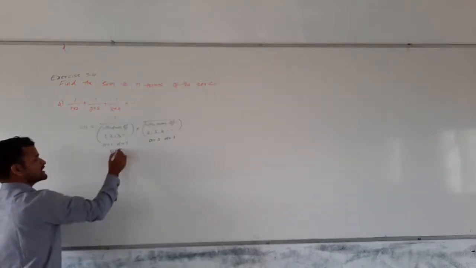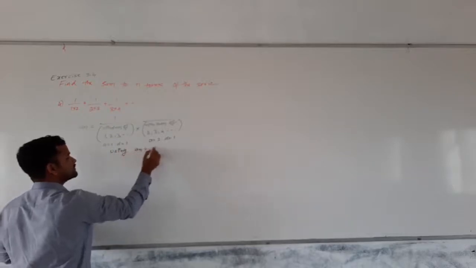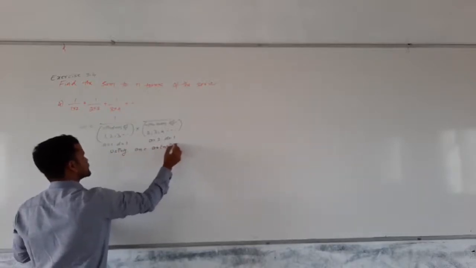We will use a formula here. An is equal to a plus n minus 1 into d.